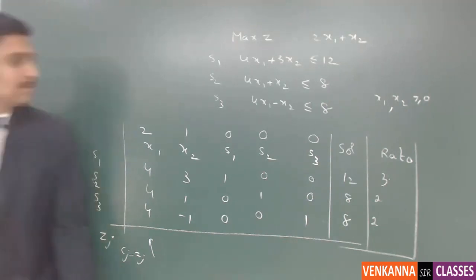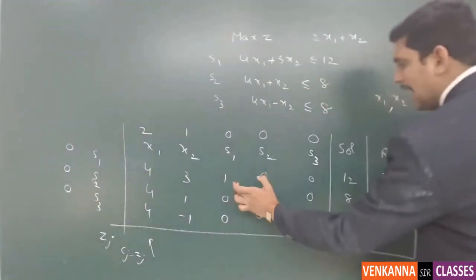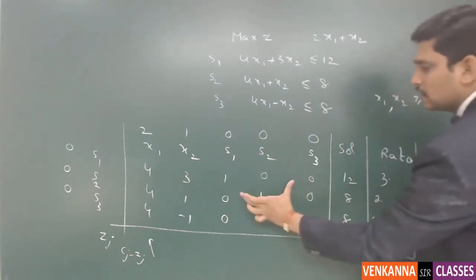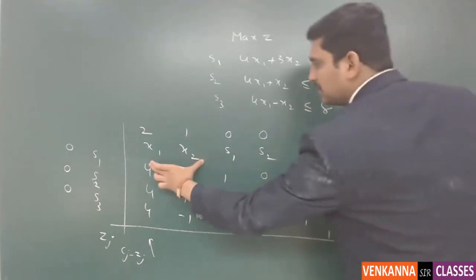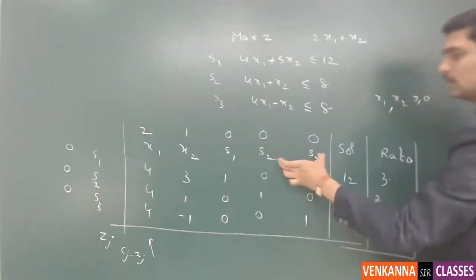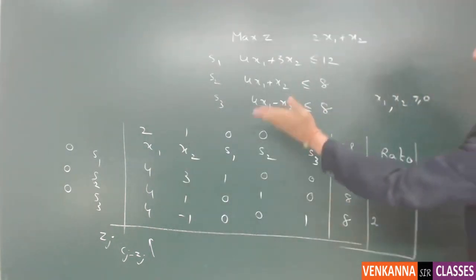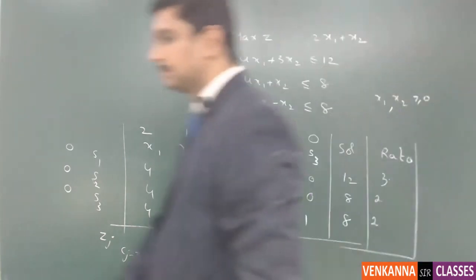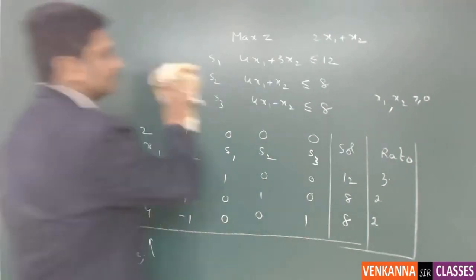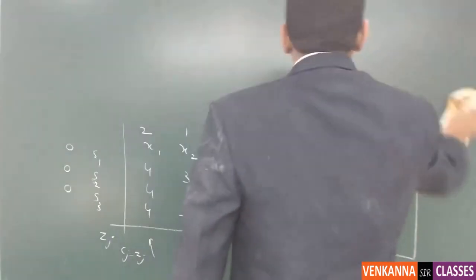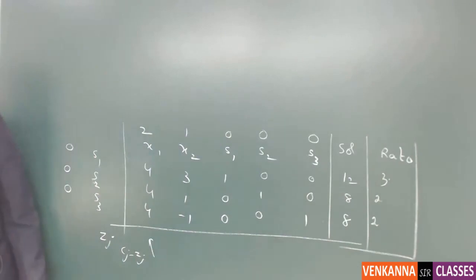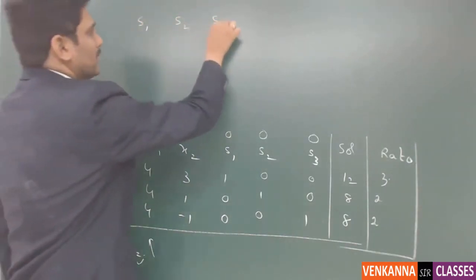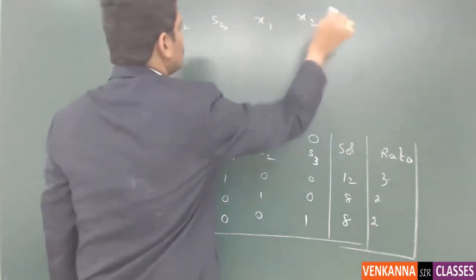Now what happens? This is the identity matrix situation, right? So we are shifting the things. So this identity matrix comes here and this x1, x2 comes here. So after having this table, we are constructing a new table like this. So what we are doing here is S1, S2, S3, X1, X2.